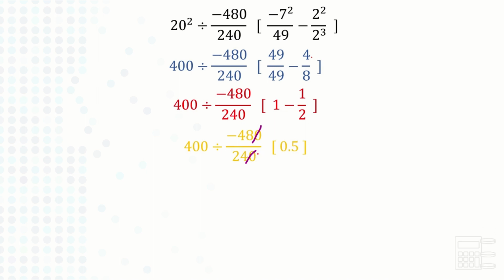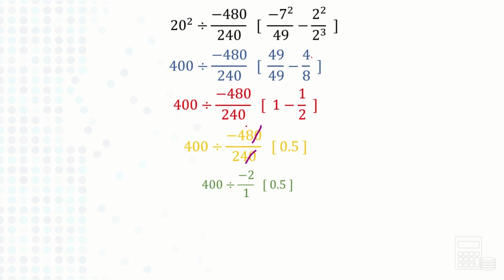If I have a 0 in the denominator, I can cancel it with the 0 in the numerator. It is fast. So, 48 divided by 24. 48 is the double of 24. If I simplify it, I am going to get 2 over 1, which is the double of it.